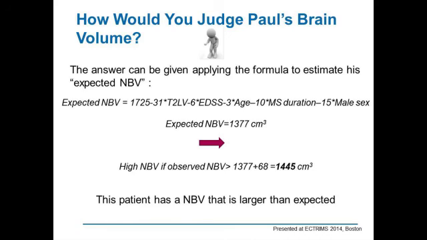So the expected volume of the brain for such a patient is much lower than that we had for younger and more healthy patients like Mark. So we can define Paul as having a large brain volume because his brain volume of 1,530 is much larger than expected. So Paul, even if he's older and with a longer disease duration, is not atrophic at all.